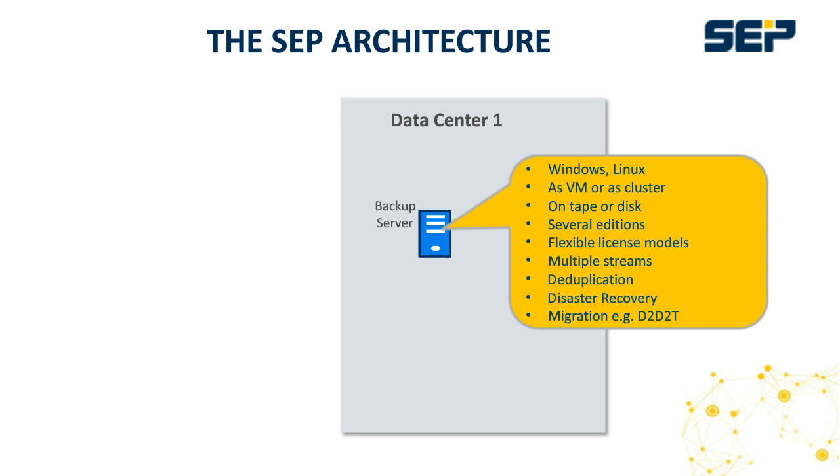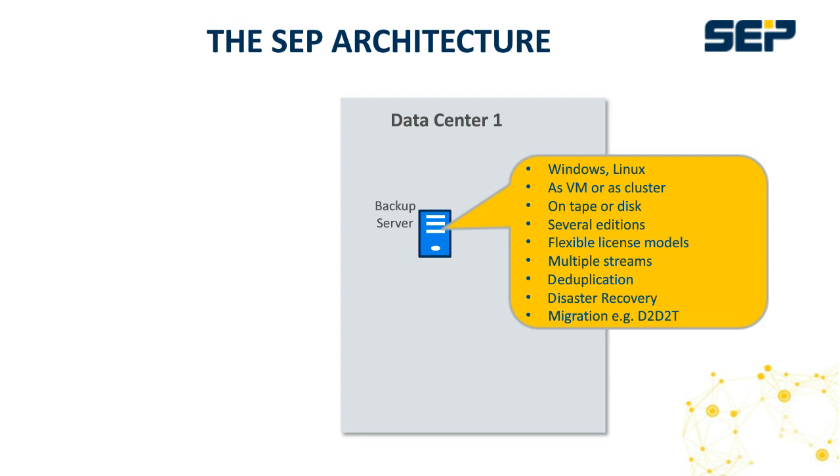You can install the server on a Windows or Linux operating system. You can install it on a virtual machine or in a cluster operating system, cluster environment. You can connect any kind of disk or tape storage to that system, and you have an integrated disaster recovery feature for the sesam server itself.